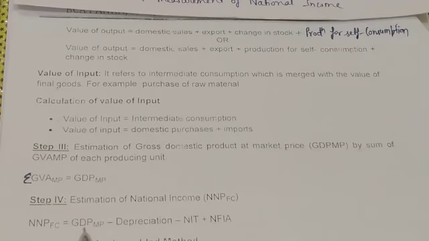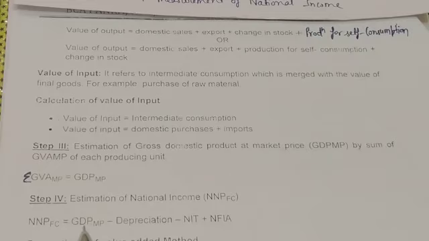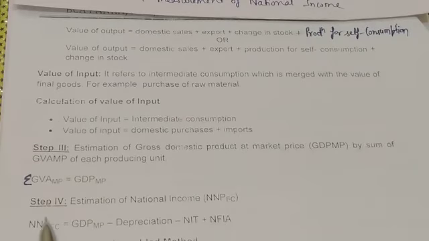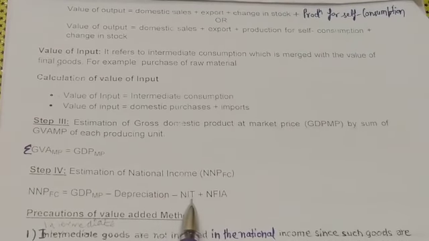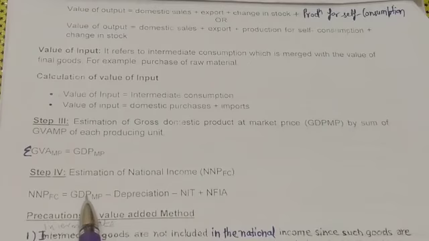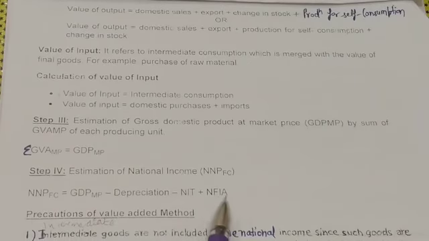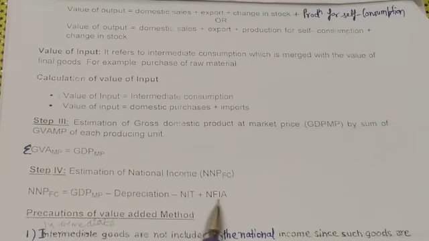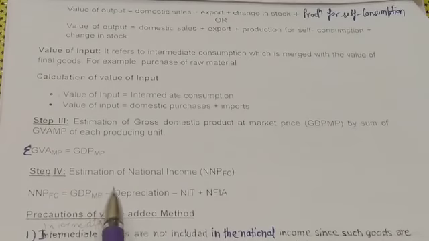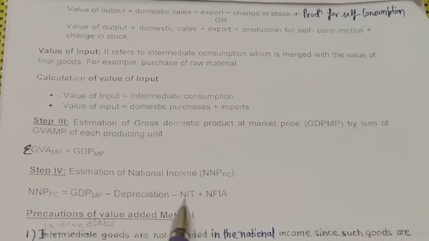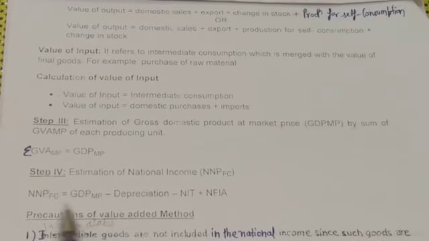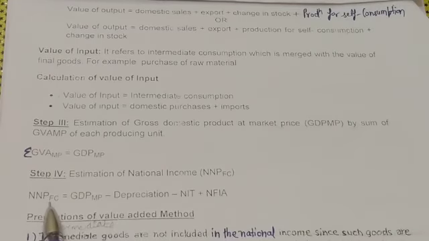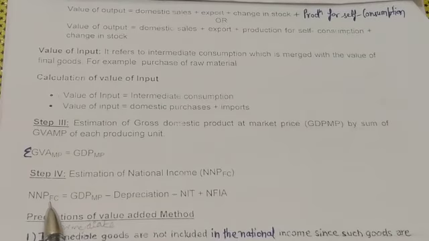If I want to go from DP to NP, I will add NFIA. If I want to go from MP to FC, I will subtract NIT. So this is the way to calculate national income by using the value added method.